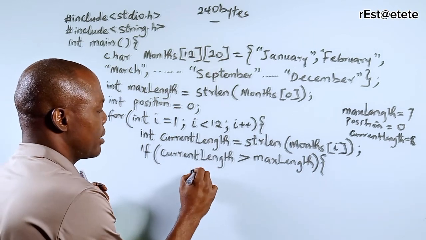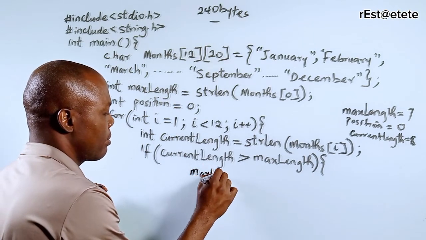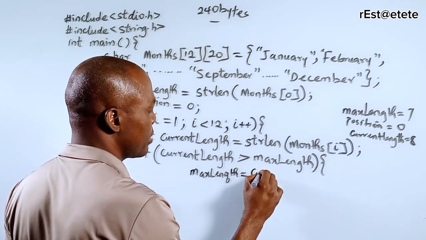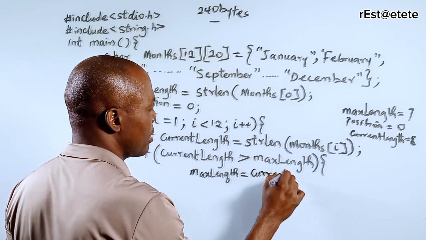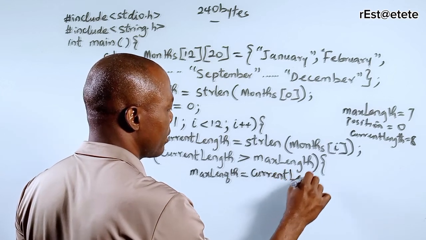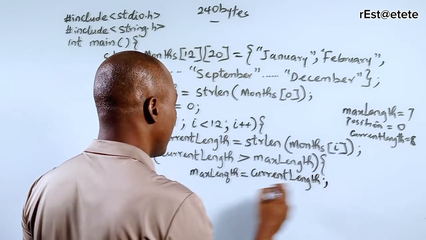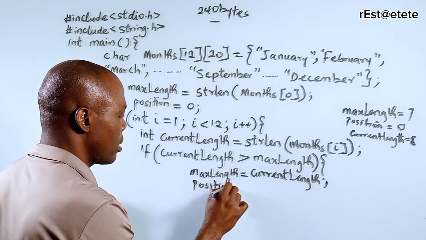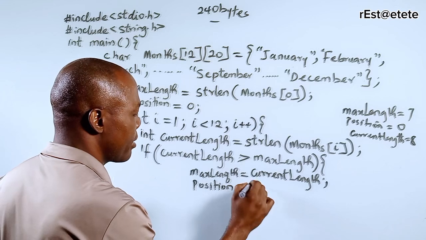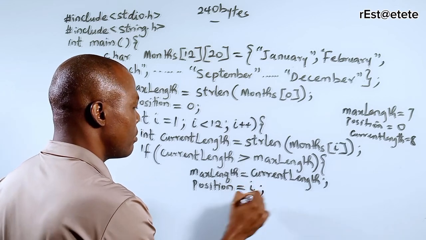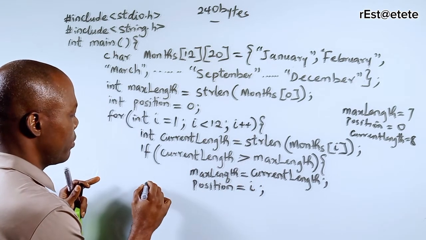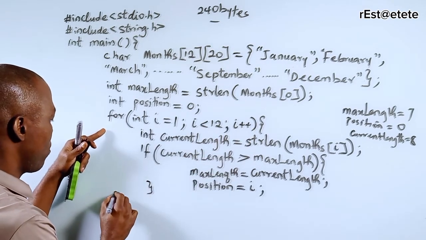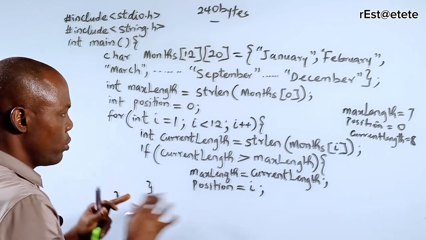So max length equals current length, and then position equals i. Then I close my if, and I close my for. So I have written that.